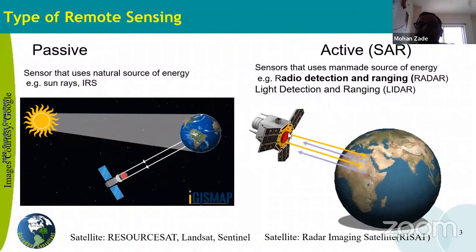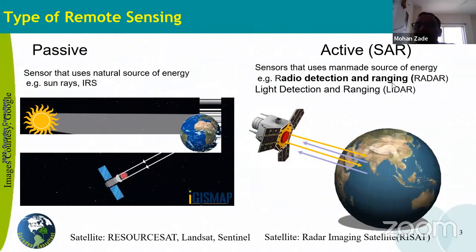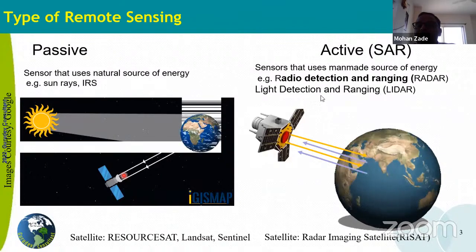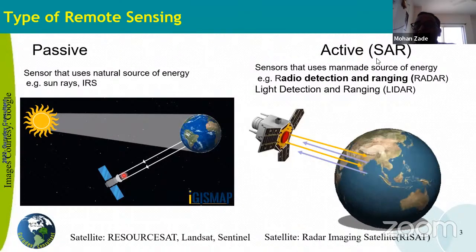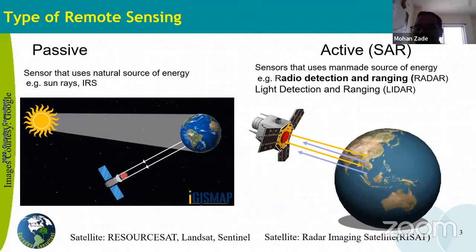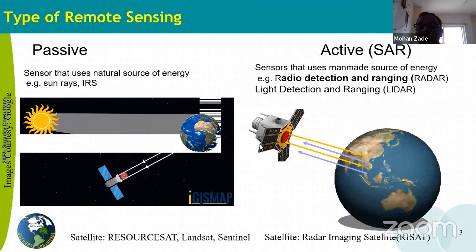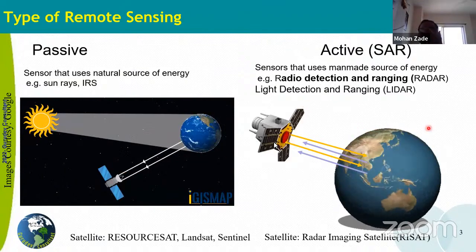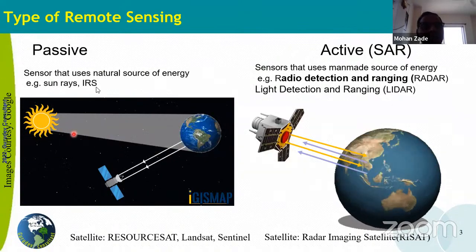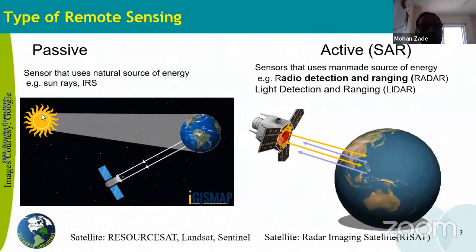The sun is not used in SAR. SAR is known as radio detection and ranging radar, or light detection and ranging, LiDAR. So these are the active remote sensing systems. One remote sensing satellite, RISAT, is under utilization, and it is a microwave satellite. These are sometimes called microwave satellites. So passive satellites use a natural source of energy, whereas active ones use their own source.